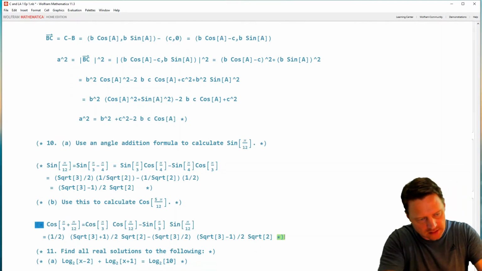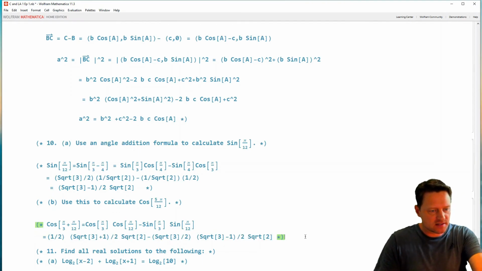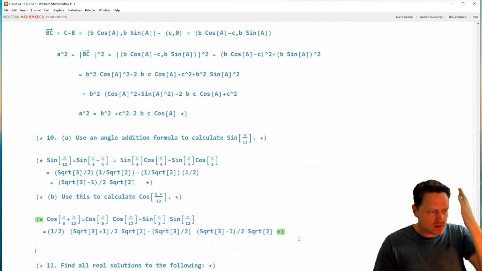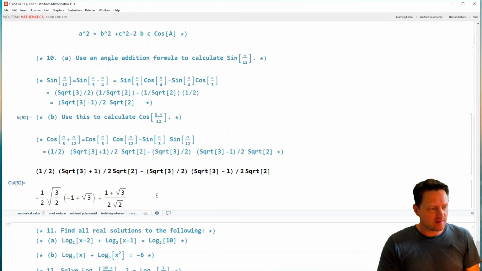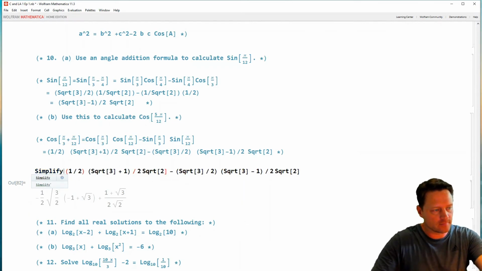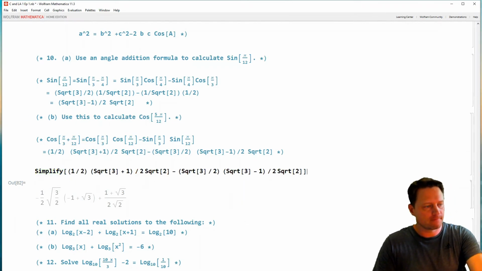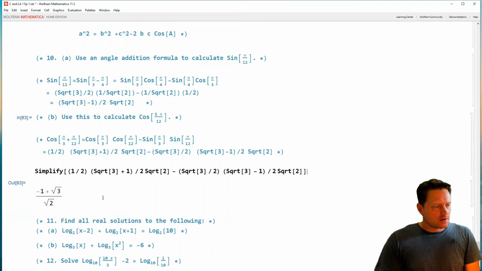Supposing that I'm feeling a little lazy, let's do that. So just copy and paste that after I turn the above line into a comment, and then I'll just press the button. Okay, and now we have a nice expression, except perhaps it's not as nicely factorized as we want it. So I could write Simplify in front of it. And now I have root 3 minus 1 over root 2. Okay, great.